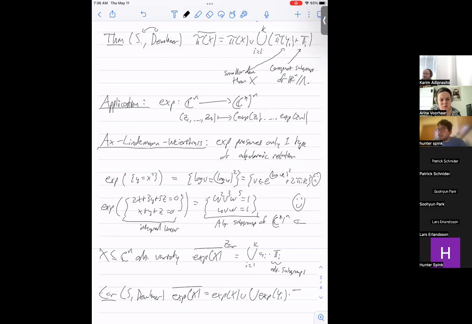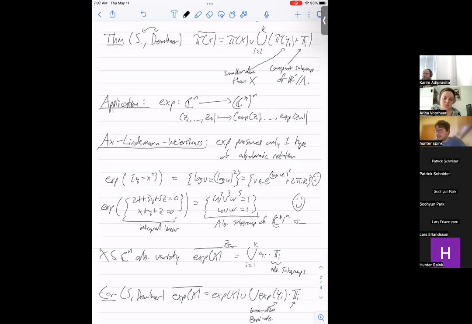parametrized families of, so these are lower dimensional semi-algebraic sets. So even though I started with a complex algebraic set, the parametrizing set genuinely sometimes has to be semi-algebraic.